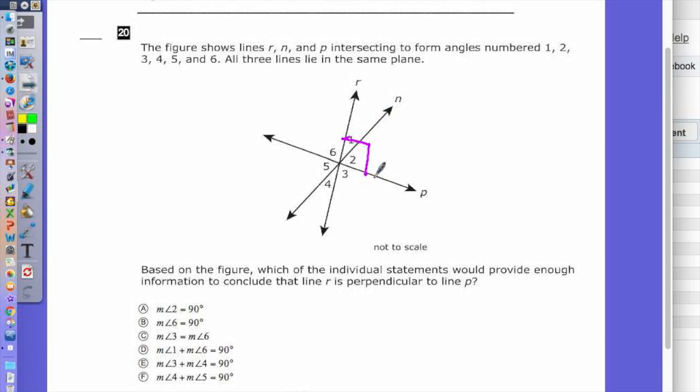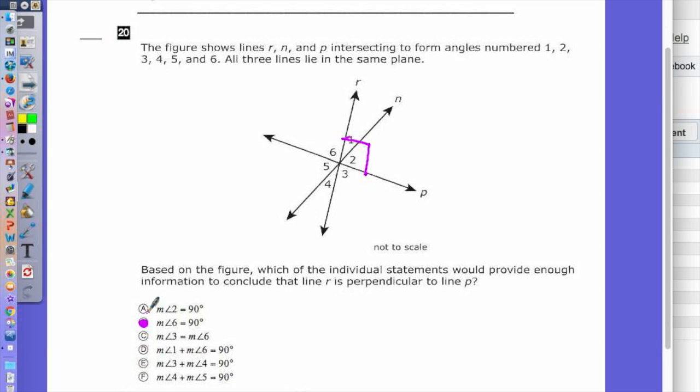If NP is a right angle, then RP definitely isn't, correct? So that's not correct. If angle 6 is a 90-degree angle, then you are proving that RP creates one 90-degree angle, meaning it creates 4 90-degree angles and they're perpendicular, correct?